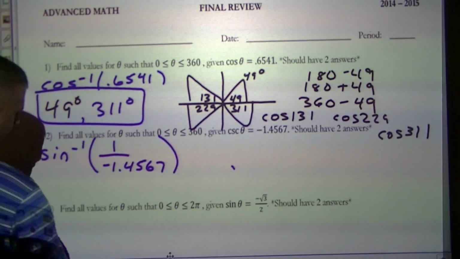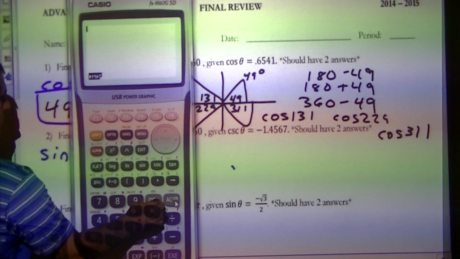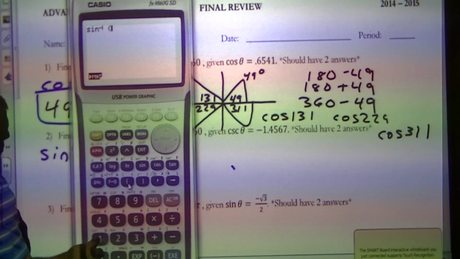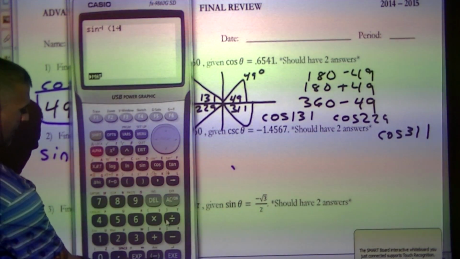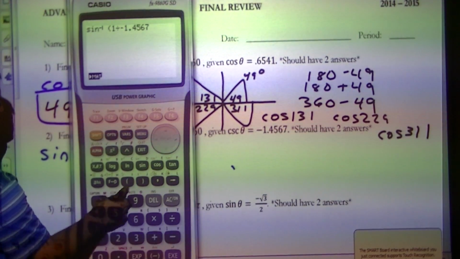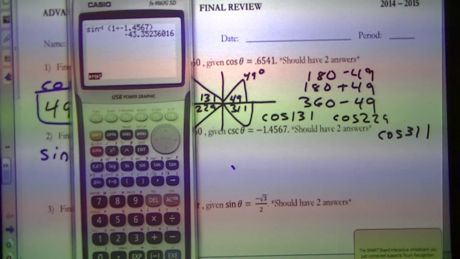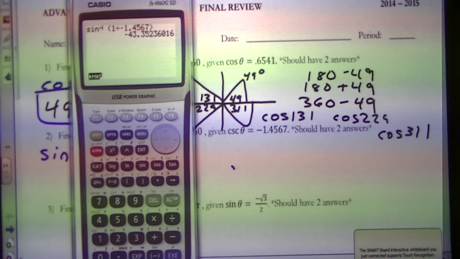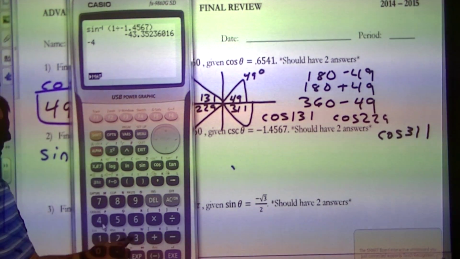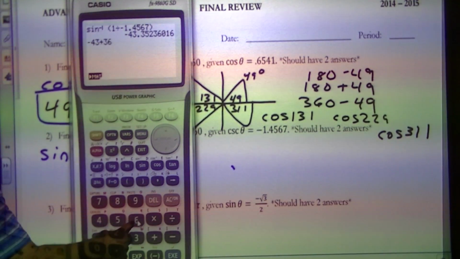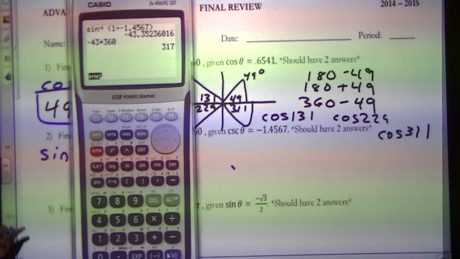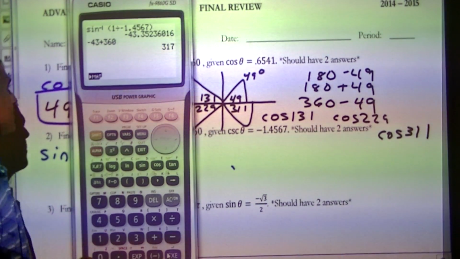There we go. Inverse sine, 1 divided by negative 1.4567. That gives me negative 43 degrees. I don't want to deal with a negative angle, so I'm going to add 360 to that. So my first angle that works is actually 317.